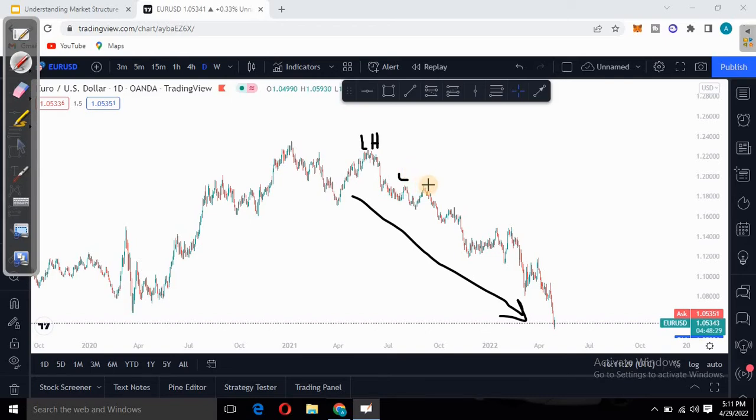The same thing here, lower high, all right? So if you want to analyze this market and you are seeing something like this, you need nobody to tell you, okay, this market is selling. And this one now, you see that we have lower low, all right, lower low. Here is lower low.